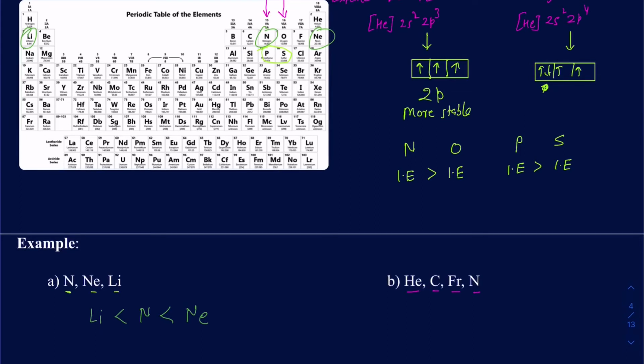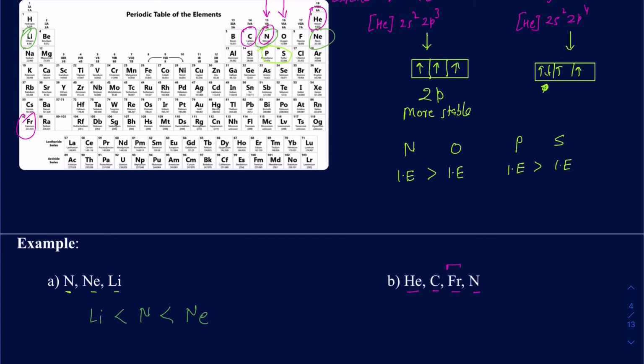Helium is going to be right there, francium is all the way down here, carbon is in the second period right there, and nitrogen is right there. Okay, so think about this. We know metals have lower ionization energies than non-metals, so the only metal we have in this particular set is going to be francium.